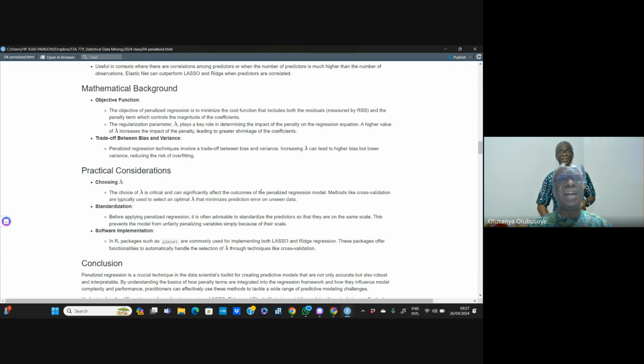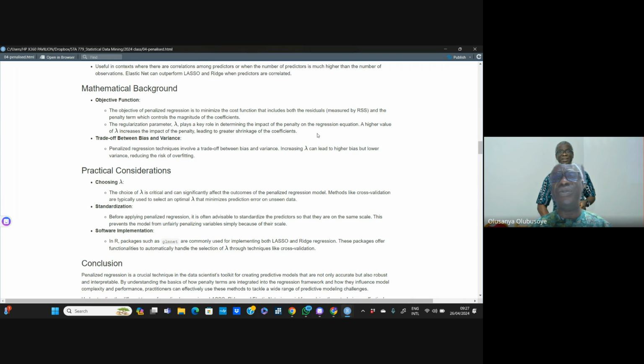So the trade-off between bias and variance in penalized regression techniques: with the penalty you are doing, you are actually involved in a trade-off.